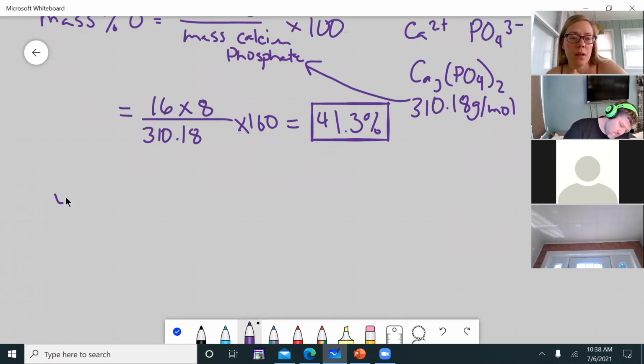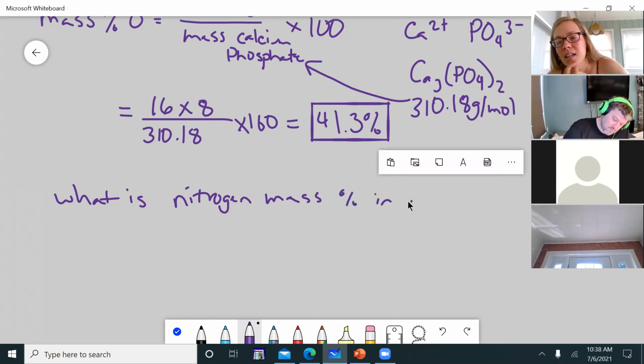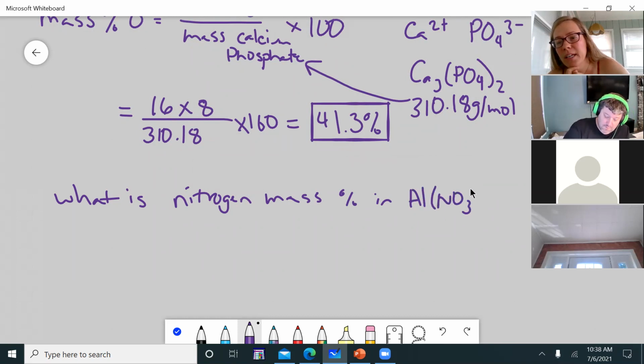I'm trying to be creative here, but I feel like I don't need to be creative here. Use an element we haven't used in a while: what is nitrogen's mass percent in, I'll just give you the formula, aluminum nitrate, Al(NO3)3.